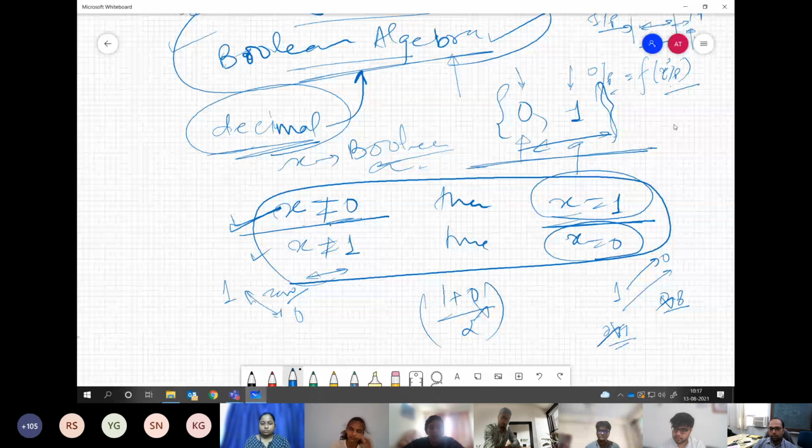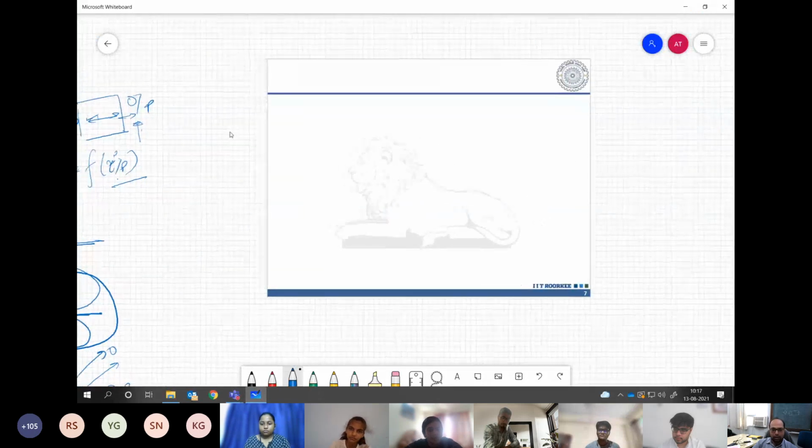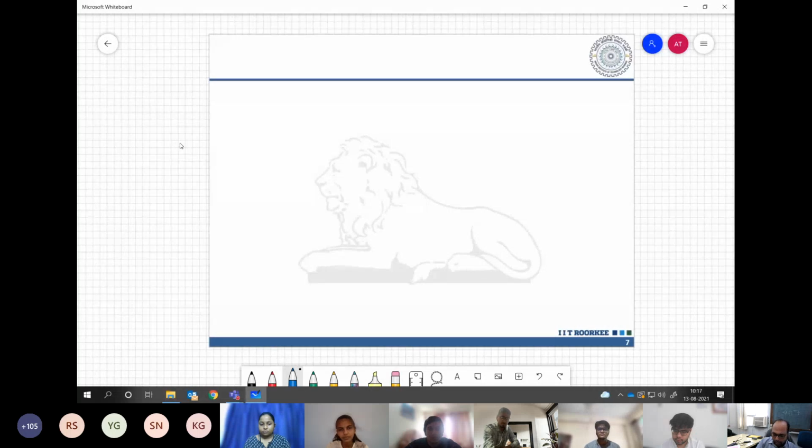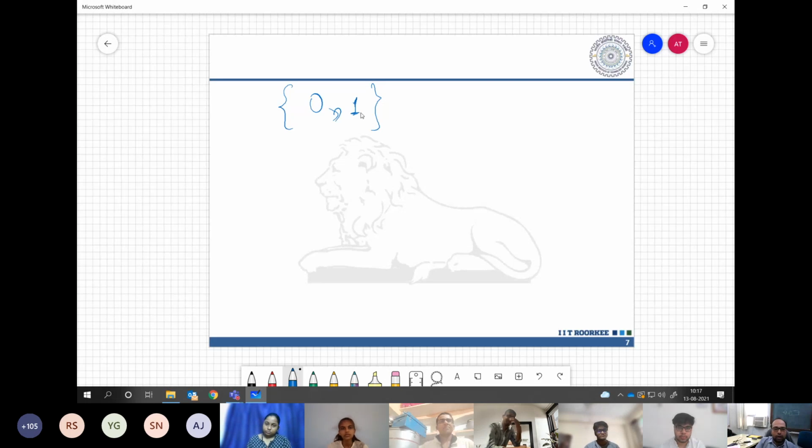Now if we have to define this system, what we say is that Boolean algebra is nothing but a combination of these two digits with two multiple-input operations, let's say sum and product, and one unary operation.